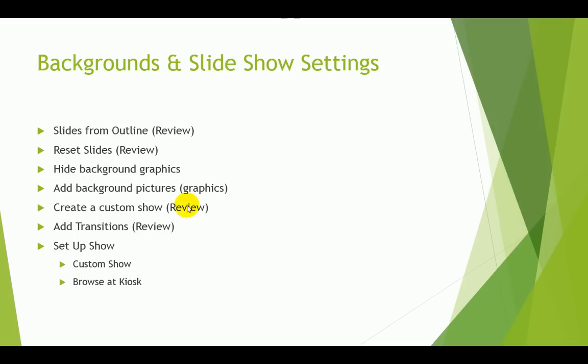We created a custom show and we added transitions, which we've talked about before, but then we went into the Set Up Show on the Slideshow ribbon tab and showed you how to create a custom show as the default setting and how to browse at a kiosk so that you could set your PowerPoint up to run automatically for something like a presentation that you might put on a tabletop that is unattended by yourself.